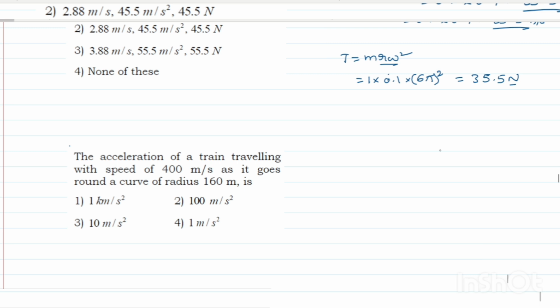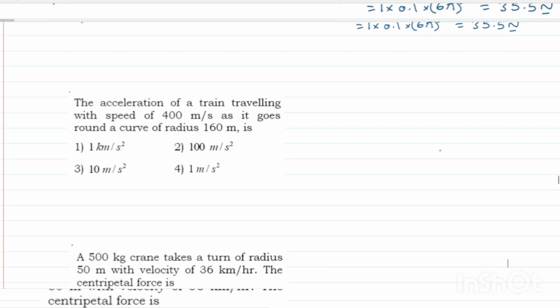The train is traveling with a speed given as 400 meter per second. As it goes round, its radius of curvature is 160 meters. When it's moving in a circular path, the acceleration is nothing but centripetal acceleration. A equals v square by r.